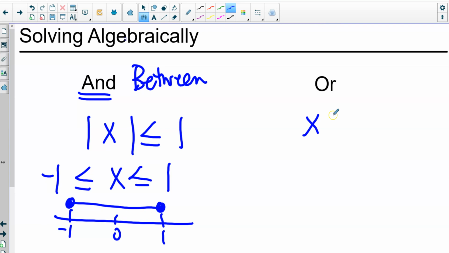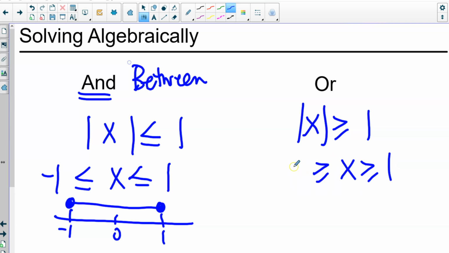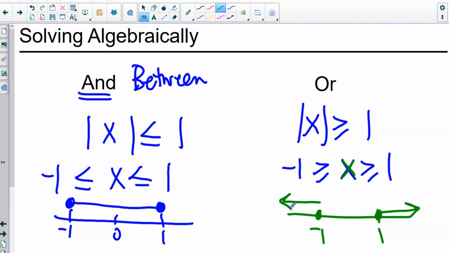If you have an absolute value that's greater than or equal to, then what you do is you set up two cases. x is greater than or equal to 1, and less than or equal to negative 1. The problem is, if you write it like this, this doesn't make sense, because the value x, if I put it on a number line, has to be greater than or equal to 1, less than or equal to negative 1.